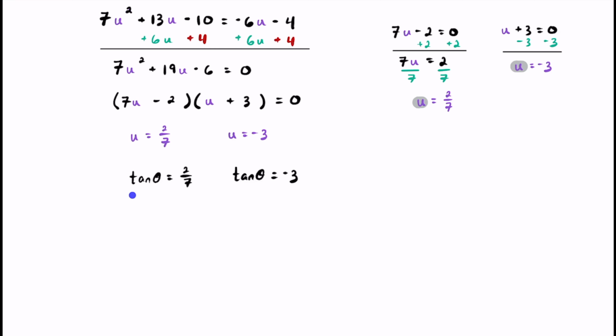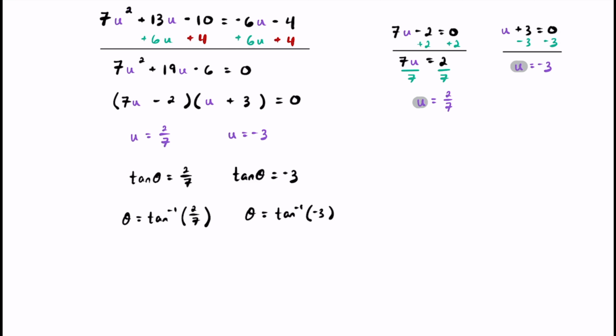Now for the equation on the left, where tangent of theta is equal to 2/7, if we're going to look for theta here, we can just say that theta would be equal to arctangent, or the inverse tangent, of this 2/7, right? That'll give us that angle. And for the equation on the right, if we know tangent of theta is equal to negative 3, we can say that theta would be equal to arctangent of negative 3.